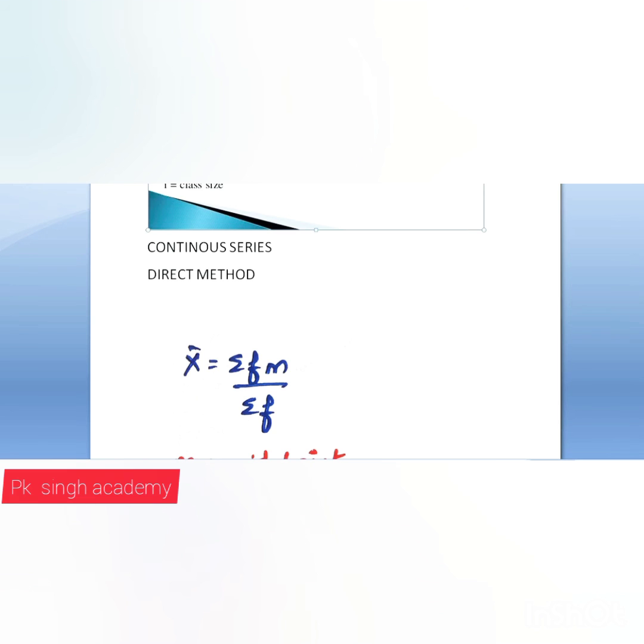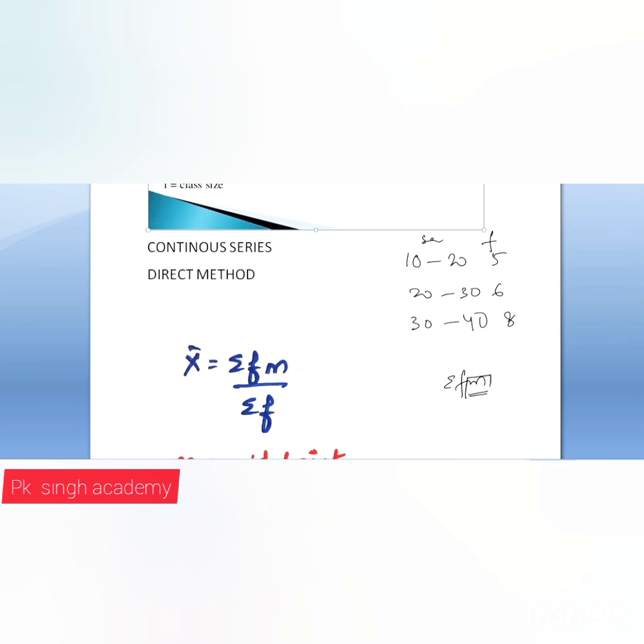Now the continuous series. Continuous series means the series will be given in intervals like 10, 20, 20, 30, 30, 40. Here the frequencies will be given like 5, 6, 8. So how will we calculate by the direct method? Just the summation of Fm.